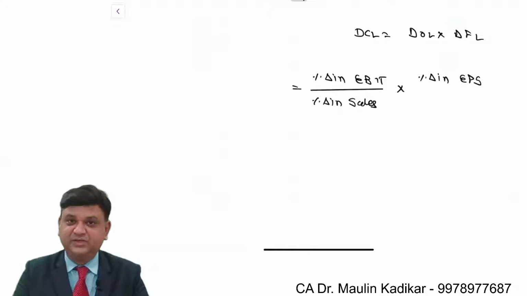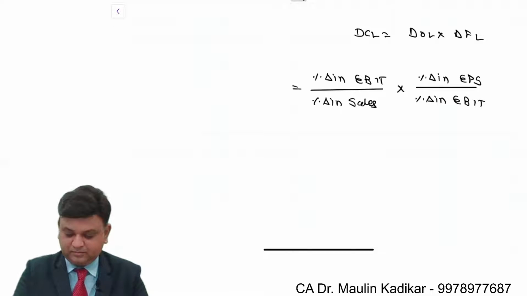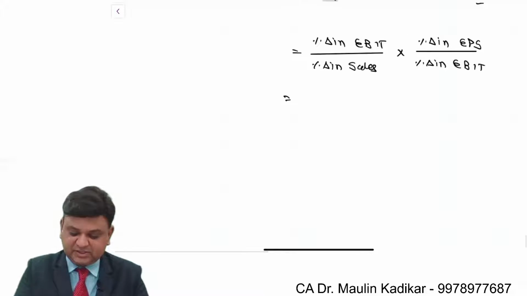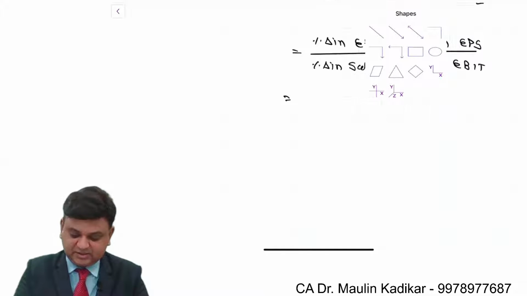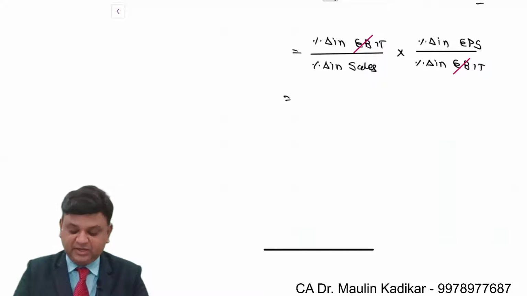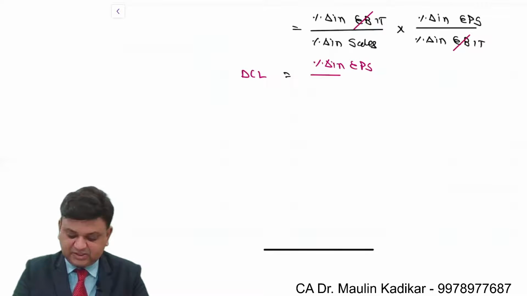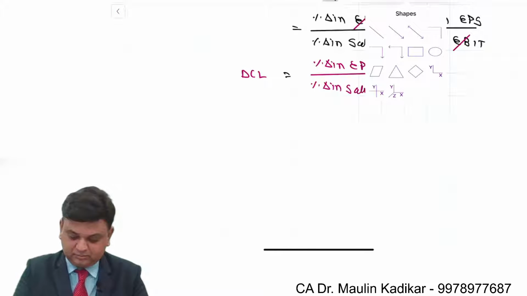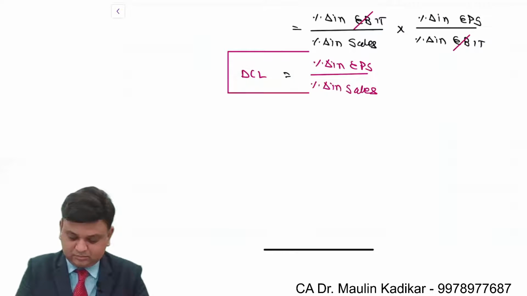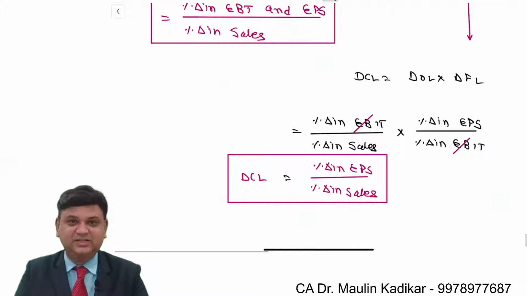Why? Because this time the preference dividend is there, divided by percentage change in EBIT. So again the percentage change in EBIT is getting cancelled. And with DCL, we will be able to measure the percentage change in EPS for every 1% change in sales. This is what we understand.